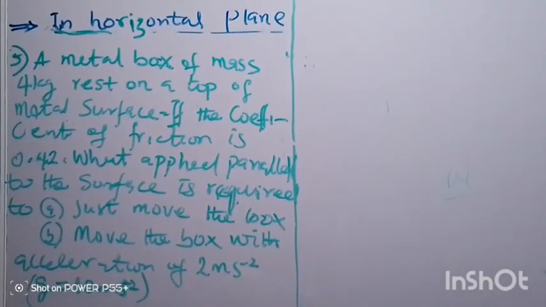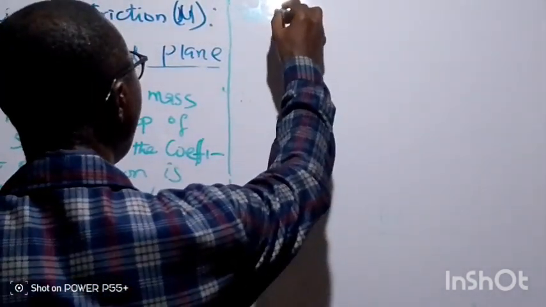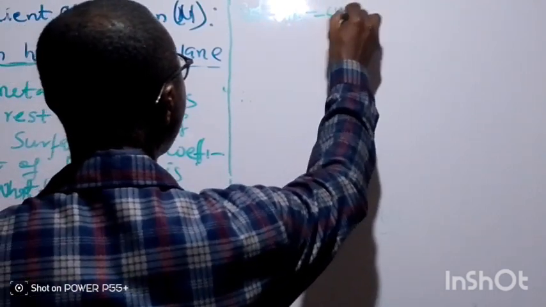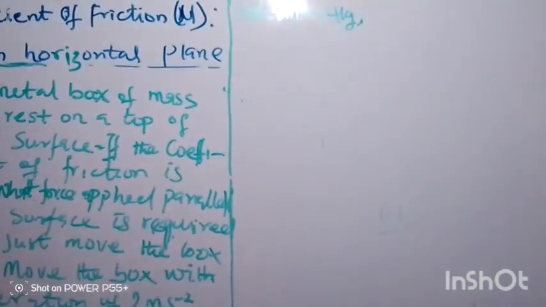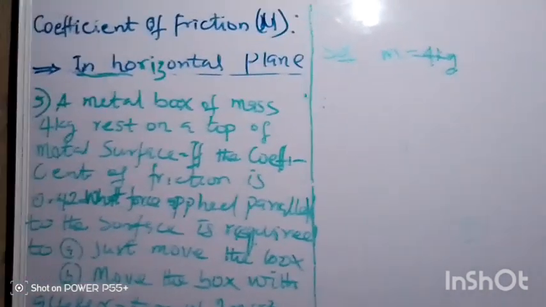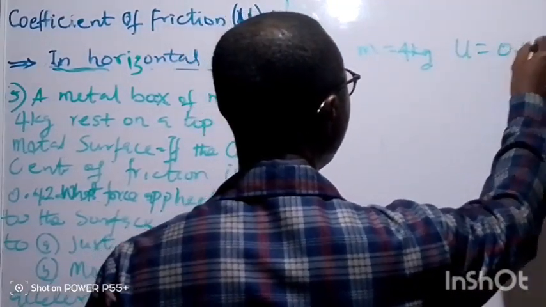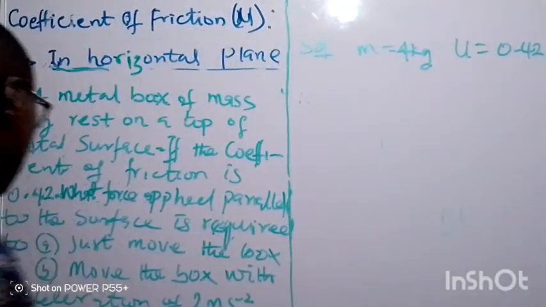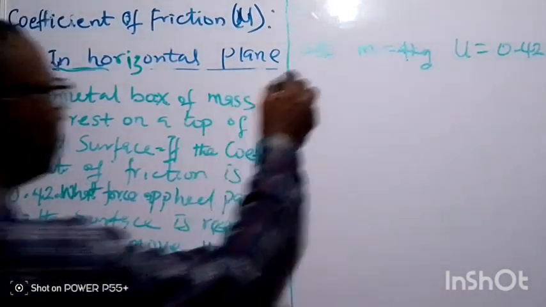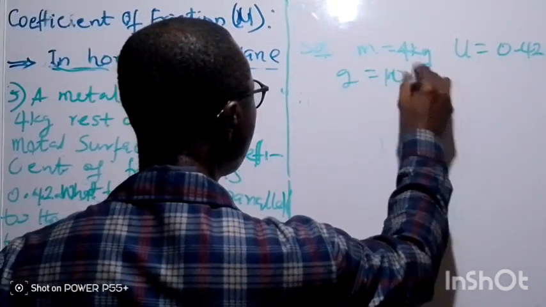First, write out the parameters given in this question. The mass of the metal box is given as 4 kg. Then the coefficient of friction, mu, is given as 0.42. g is given as 10 meters per second square.